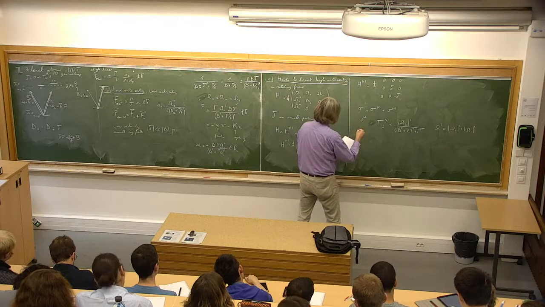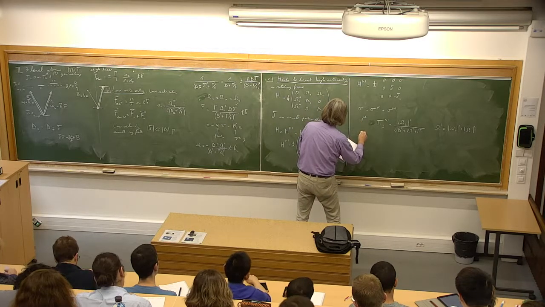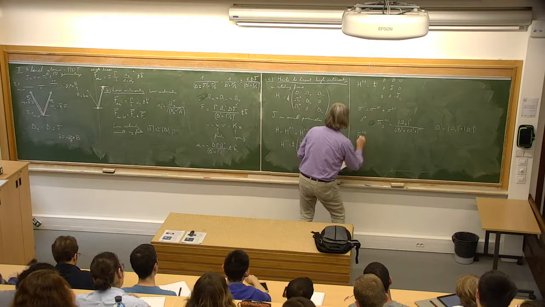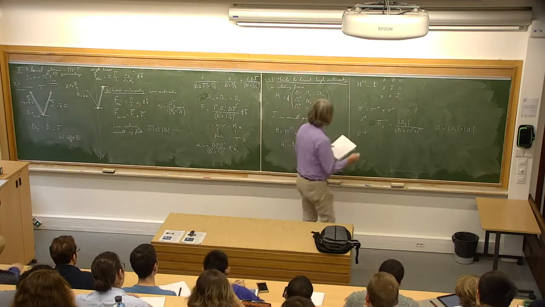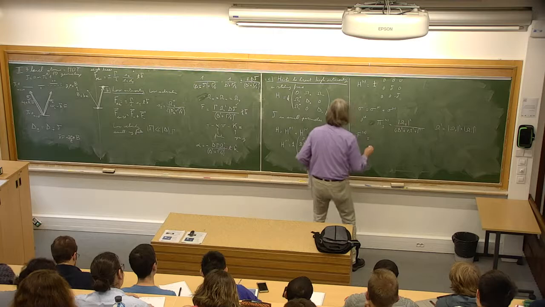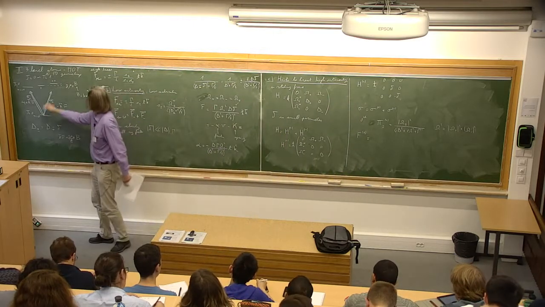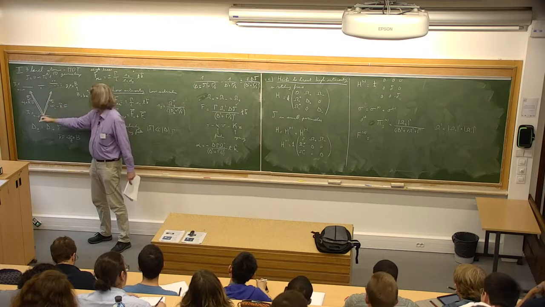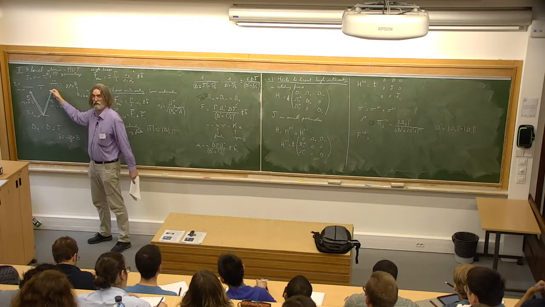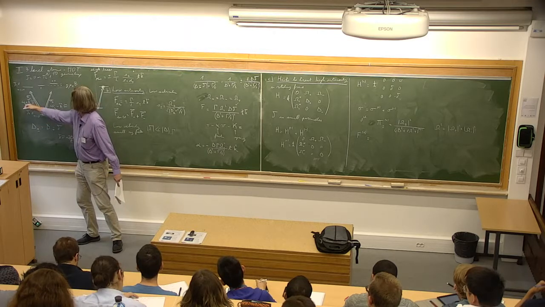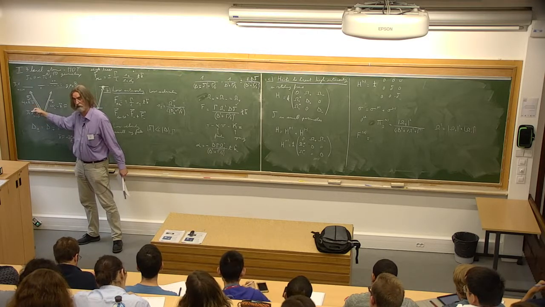And so now I have the first order force, with the same argument that to reach this level, you need to absorb one photon from this laser, and to reach this level, you need to absorb a photon from this laser.